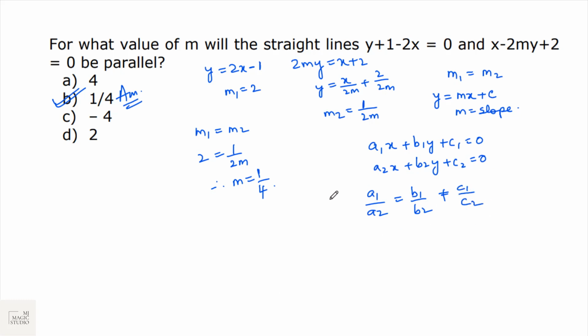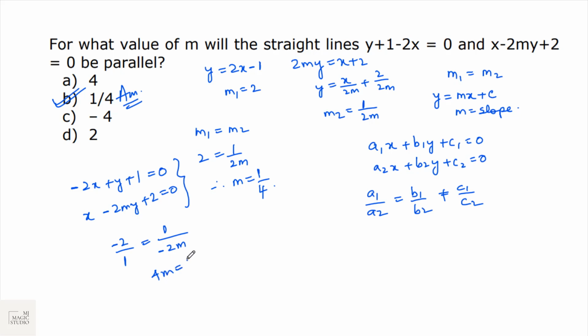So let's write our straight lines in this format: minus 2x plus y plus 1 equals 0 and x minus 2my plus 2 equals 0. Since these two are parallel, minus 2 by 1 should be equal to 1 upon minus 2m. That means 4m is equal to 1. This also gives m equals 1 by 4.